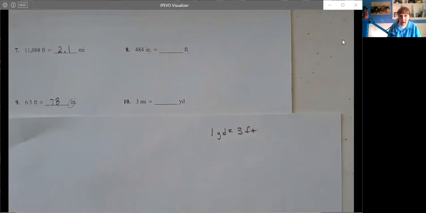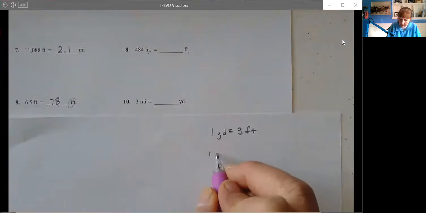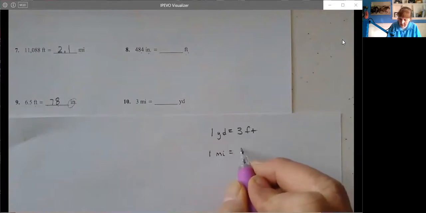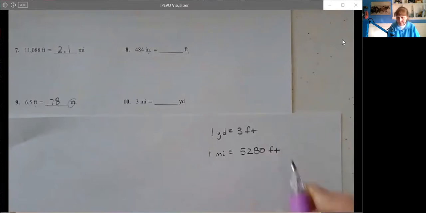I also know that 1 mile is 5,280 feet. So it looks like we have miles to feet, feet to yards, and we're going to use these to create our fractions depending upon what we need and what we want to get rid of.